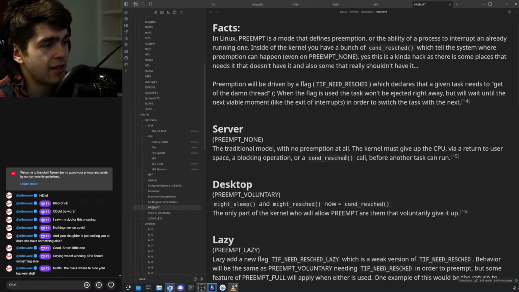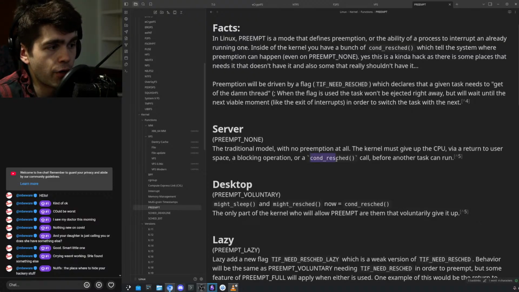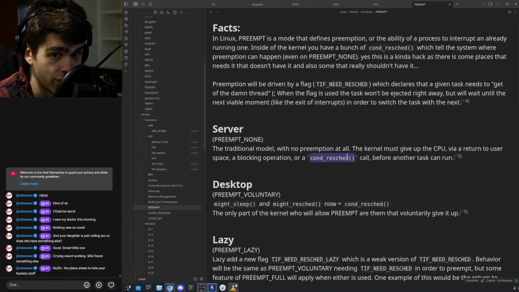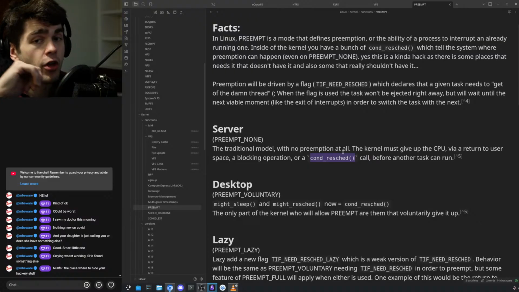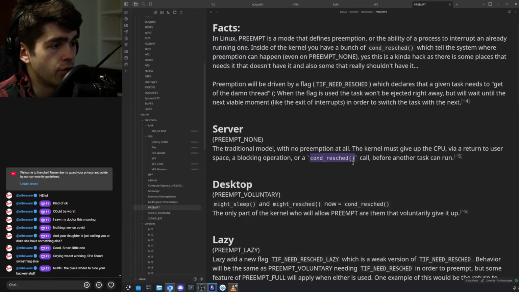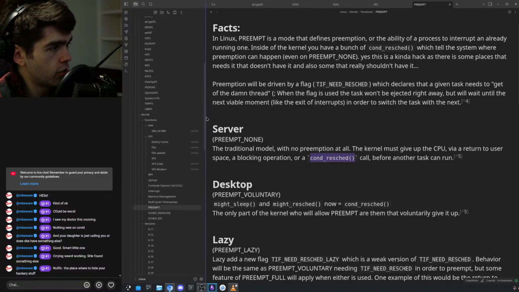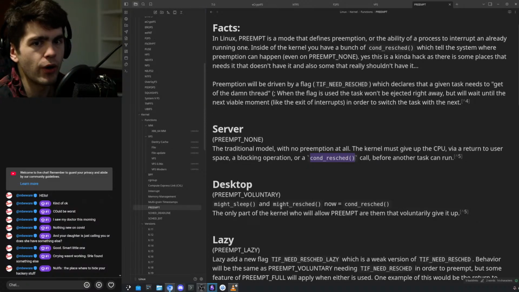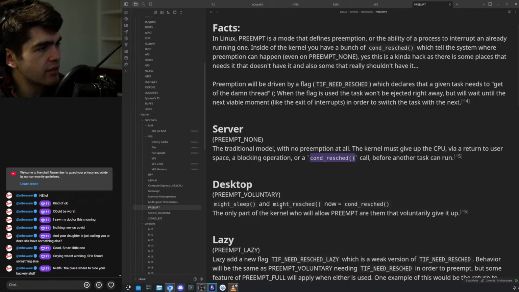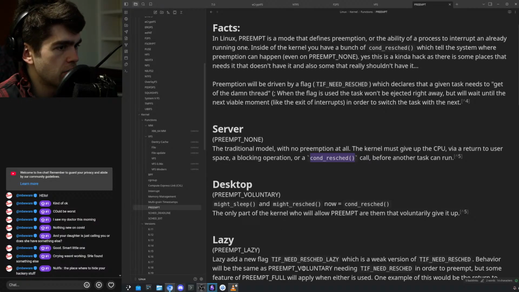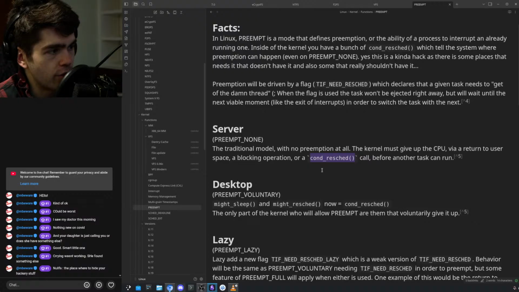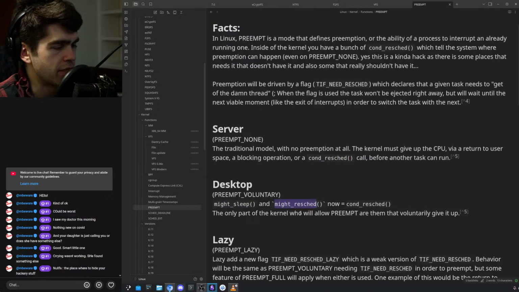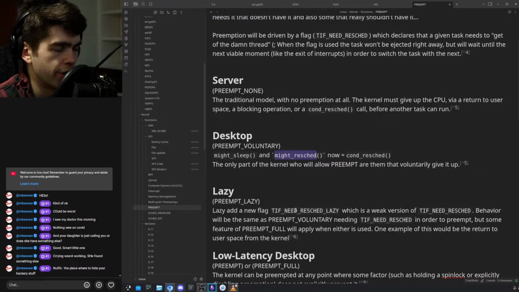So there's probably a bunch of places where this is put and it shouldn't be, or the other way around, a bunch of places where this is not put where it should be. So this is overall just a bad way to go about it, right? It feels bad to have this be the way, where you have to put these commands, either cond_resched or might_sleep or might_resched, in order to get shit to work.